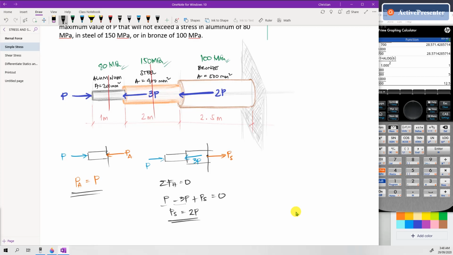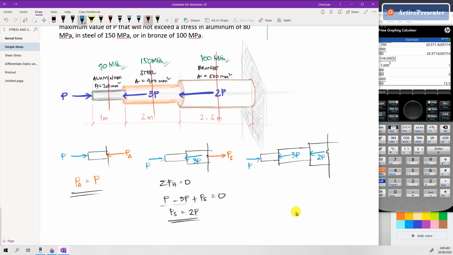Then lastly, sa bronze, sukat tayo dito. Okay. So, mga forces natin, P, 3P, and then meron tayo ditong 2P.